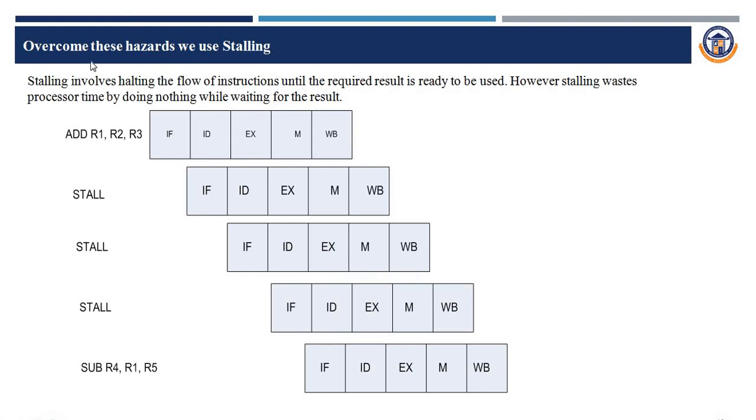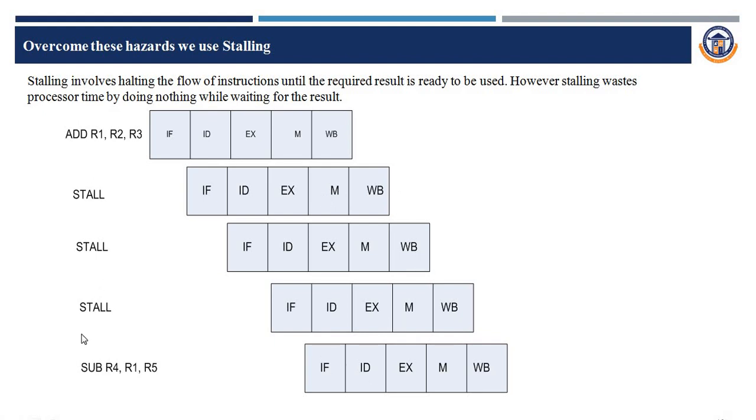To overcome these hazards, we use stalling, but it slows down the process by doing nothing while waiting for the result. So ADD R1, R2 and R3, then stall, stage by stage: instruction fetch, execute, memory and write back stage.